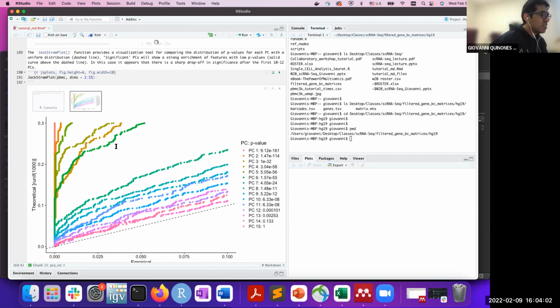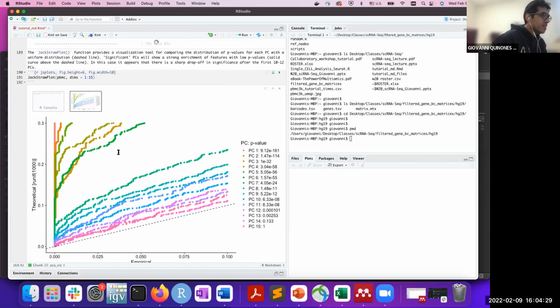We want to be able to identify where this jump happens. Because what this jump is saying is that once you include the first 6 PCs, you already capture a great percentage of the original data. And then going to PC7, actually, you're not adding as much as the previous PCs before.